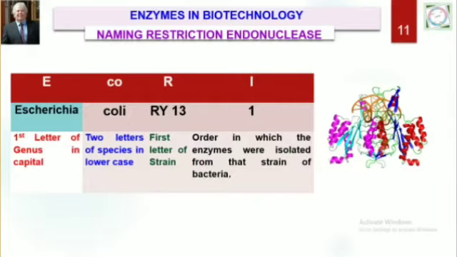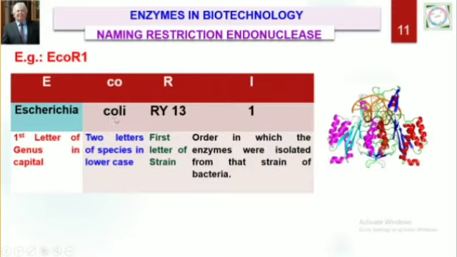Just for example, we take EcoRI. In EcoRI, the E is written in capital. It is the first letter of the name of the genus Escherichia. Co, the next two letters, are from the species name of the bacteria, coli.